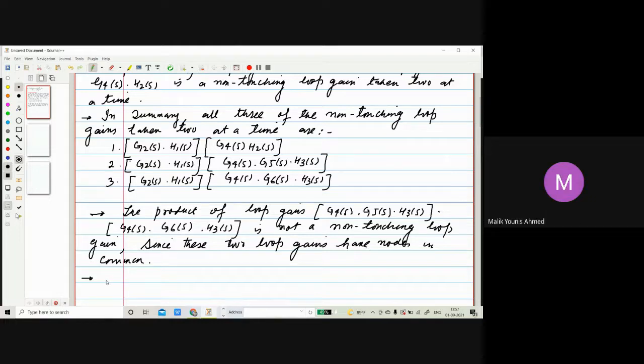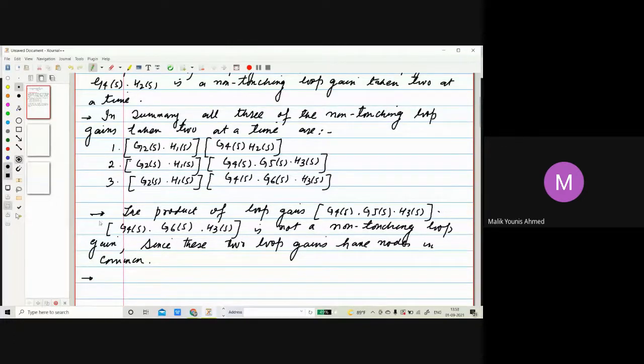We don't have any three loops which do not have a node in common. That means they are not touching each other. Three loops are touching each other, and one is an isolated loop. So we can have only combinations of non-touching loops taken two at a time.